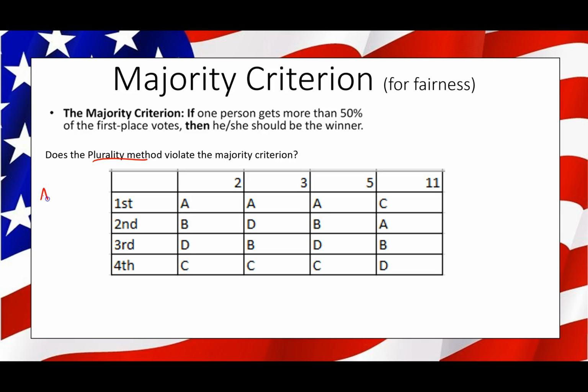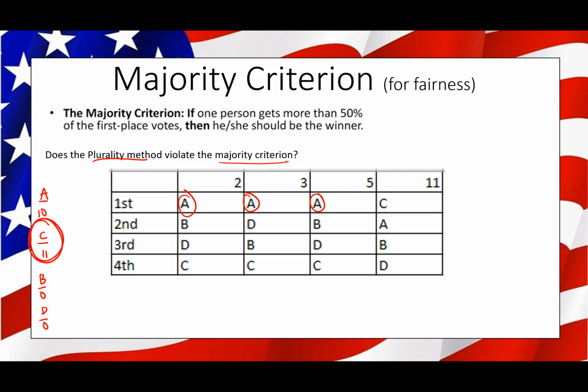The plurality is the person with the most first place votes. Well, in this case, A has 10 first place votes, C has 11, B has 0, and D has 0. So C wins the plurality because it has the most first place votes, and C has the majority.